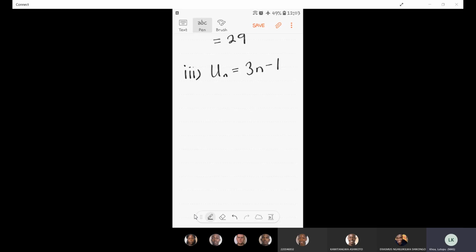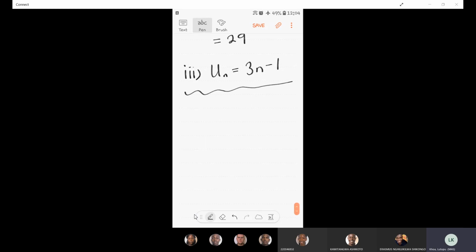Okay, so that's basically how you solve a question involving an arithmetic progression. Very important that the common difference is the same between any two consecutive terms, and then from there the value of a is just the first term, and then you can work out the formula for the arithmetic progression.